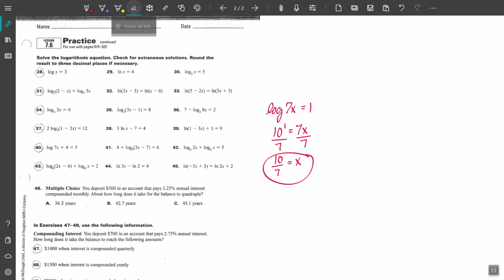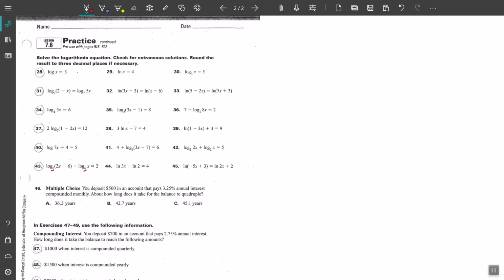43 is not straightforward. We need to use the product property to combine the left-hand side, those two logarithms. So remember, one of our properties of logarithms says that when we have two logarithms with the same base, that's the important part here, so both logarithms have a base of 6, and we're adding them together, then we can rewrite it as a multiplication problem.